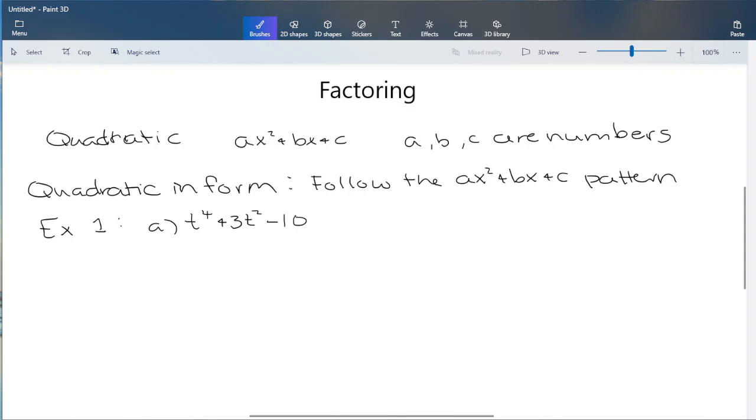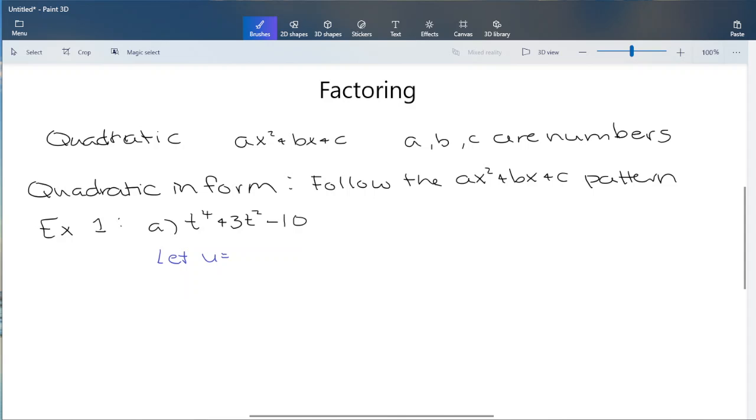We want something that has the x squared here in the first term, the x term as the second term, and then just the number term, okay? So what we're going to do is use a technique called u-substitution, okay? And what we're going to do is define a new variable so that we have that x squared, x, number form, that quadratic form that we're looking for, okay?